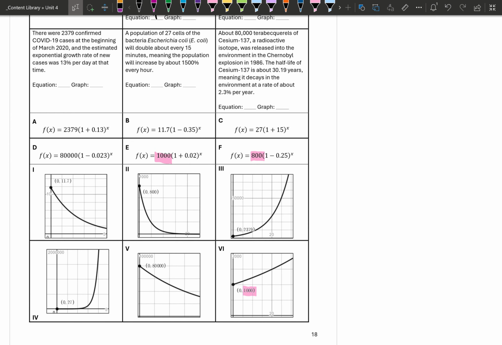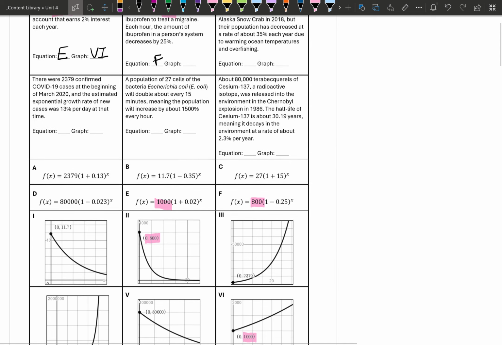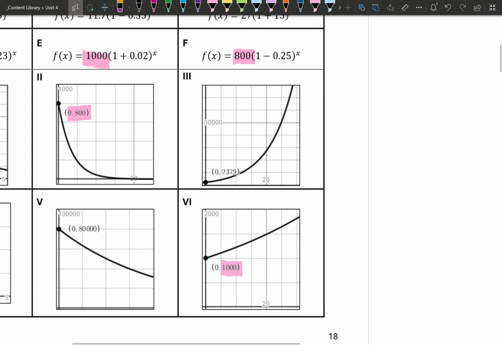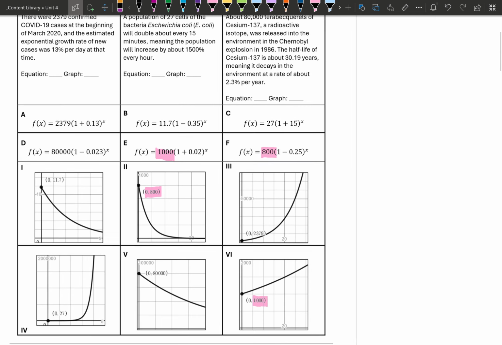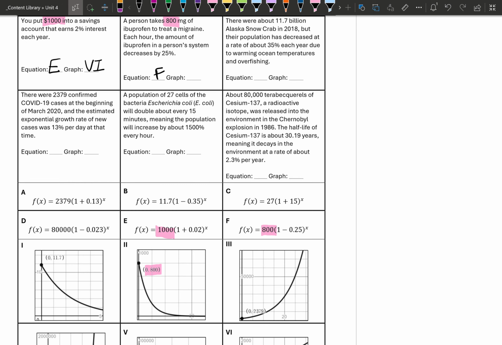Use the same kind of deduction. Graph number 2 has that 800. I forgot to mention, in the first one we were putting money into an account, and the graph for 6 is going up, it's increasing. For this one, the amount of ibuprofen decreases, so our graph is decreasing. And it's graph 2.